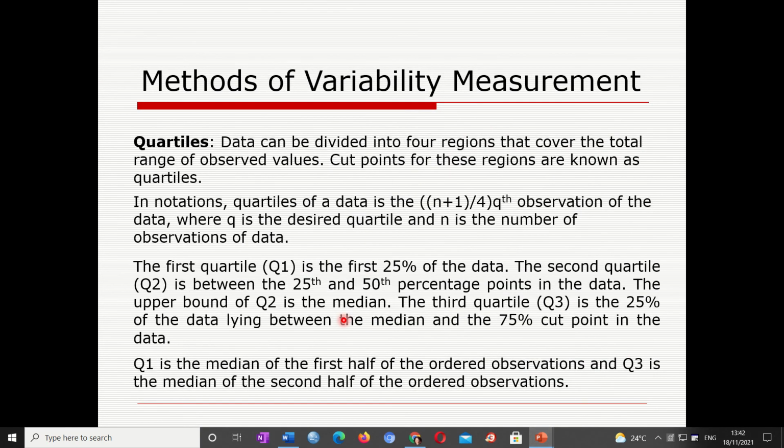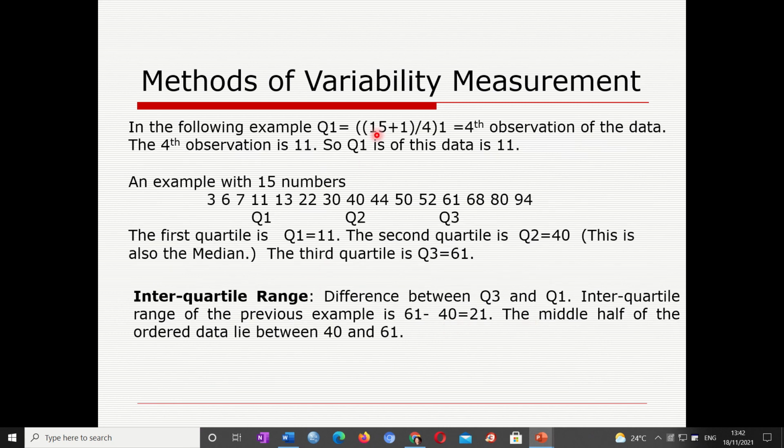Okay, this is how we find standard deviation. Now quartiles. Let us talk about what quartiles are. So we have, for example, the 25th percentile, the 50th percentile, okay? Here the data is in the 25th, 50th or 75th percentile.